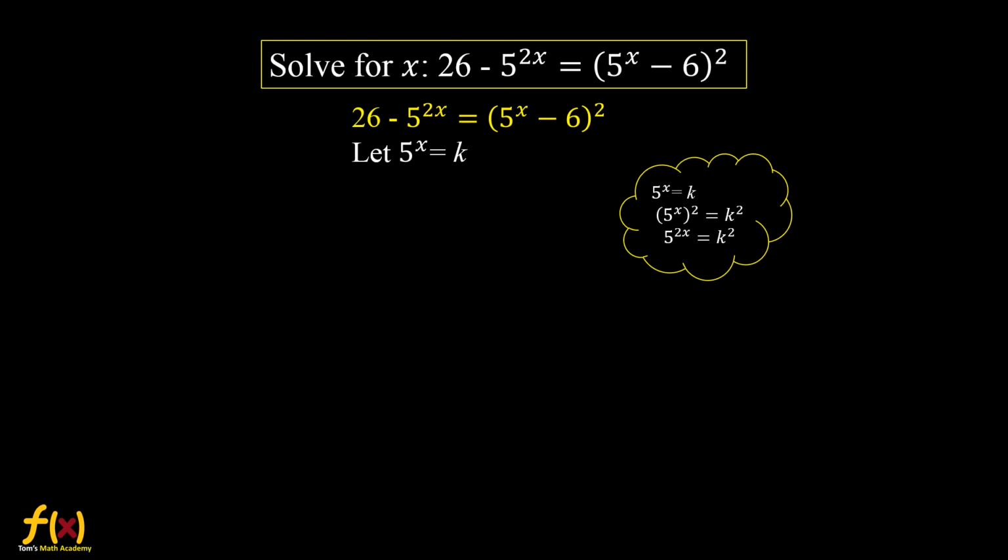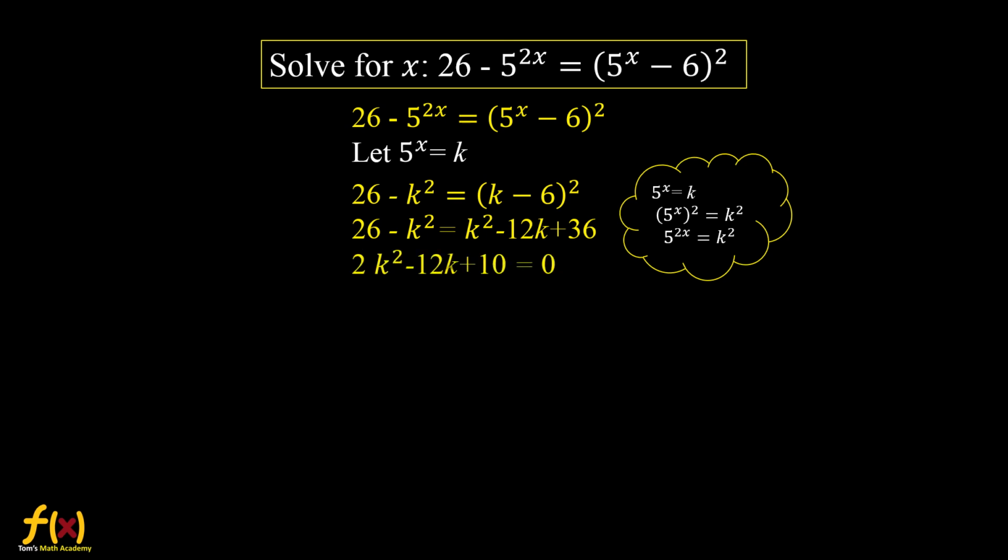Therefore, 5 to the power 2x is k². 26 minus k² equal to (k minus 6)². Expanding, we get k² − 12k + 36. Simplified standard form: k² − 6k + 5 = 0.